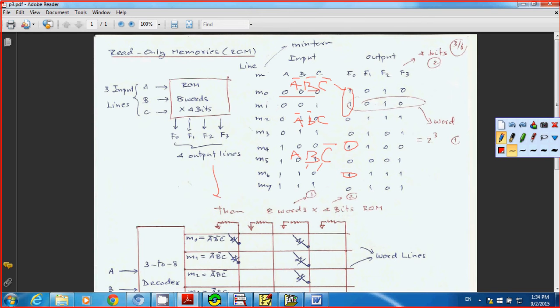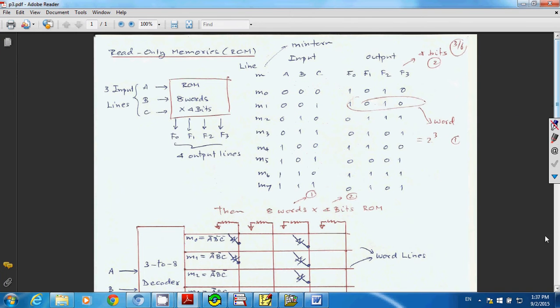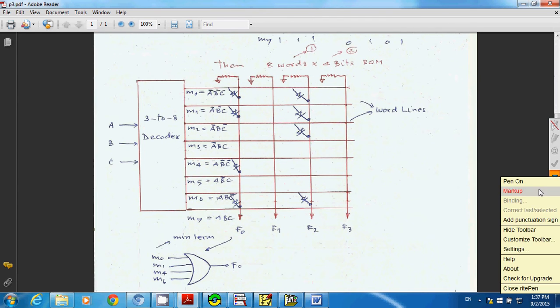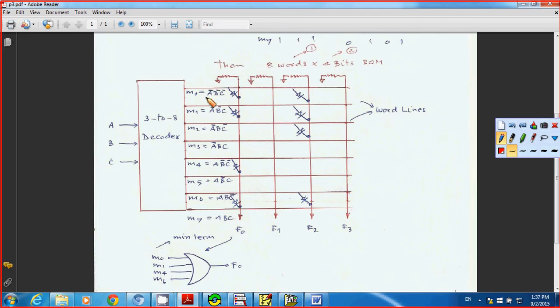You look at the diagram. So from M0, you need A bar, B bar, C bar. Okay, they are all complements. So this is your F0. Now you take a look at the first word or the first line, or 0 line.